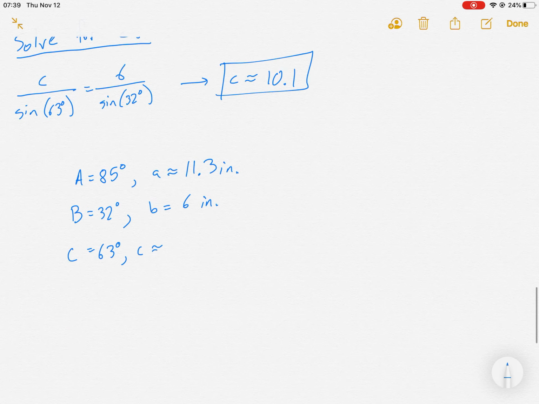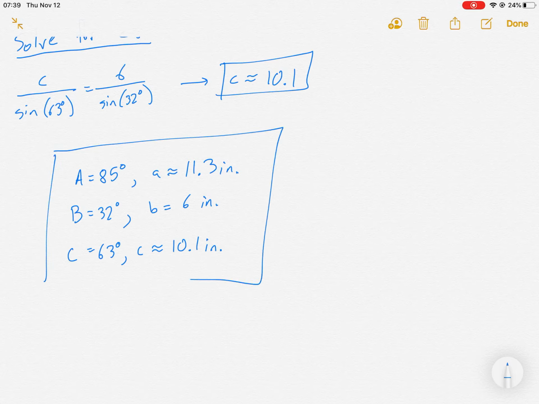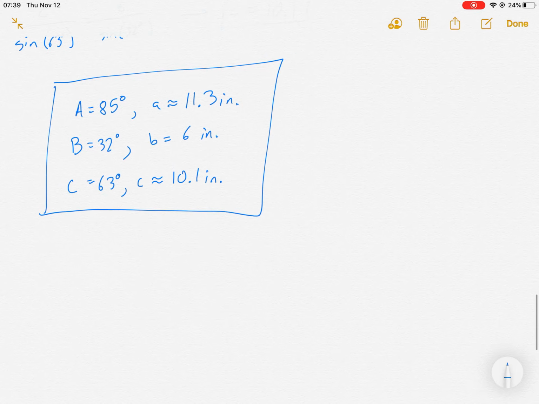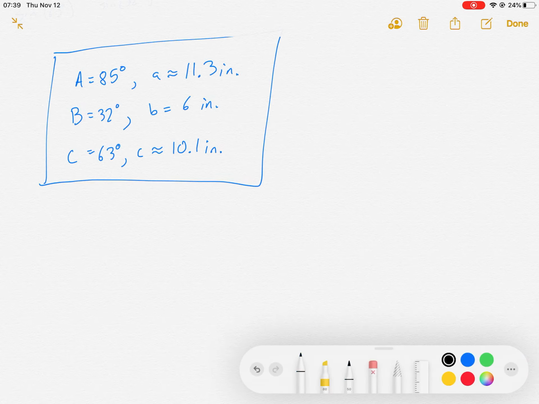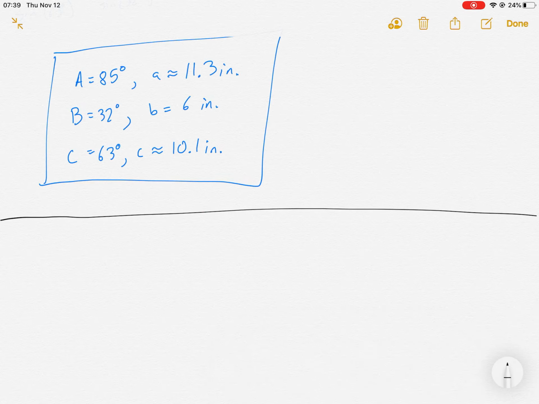And the side C was about 10.1 inches. So there you have it. That's law of sines used to find the missing sides. I wrote all of them down here, so you have all of them. And that's good.